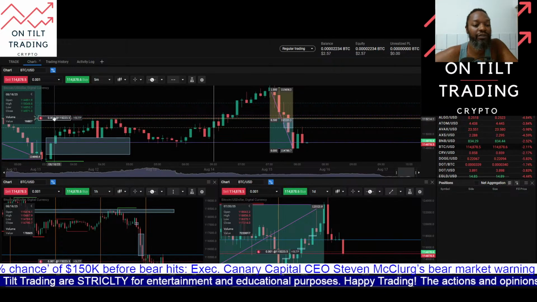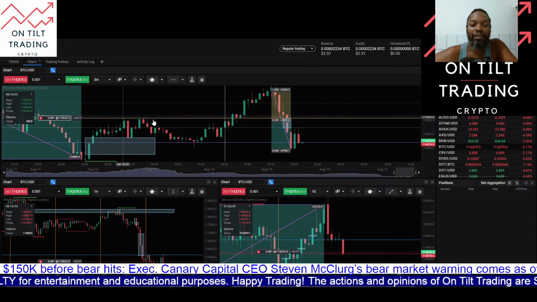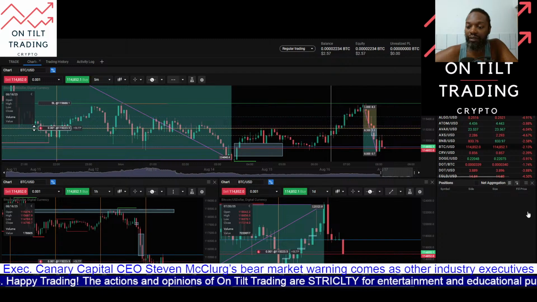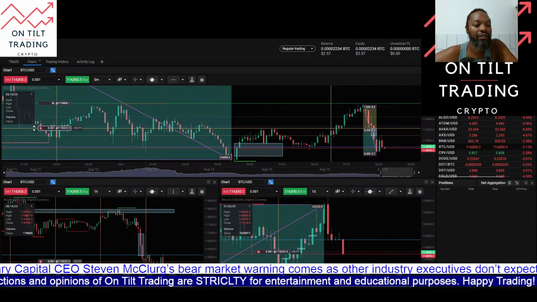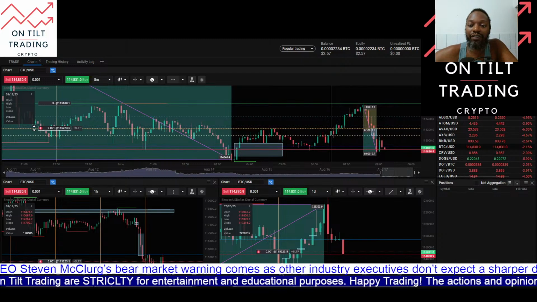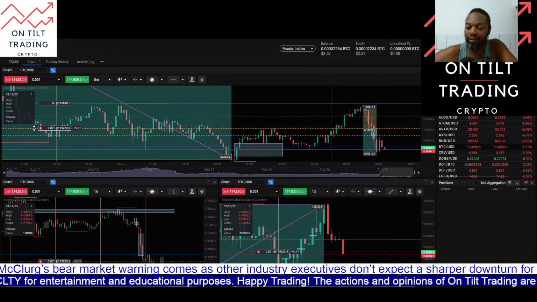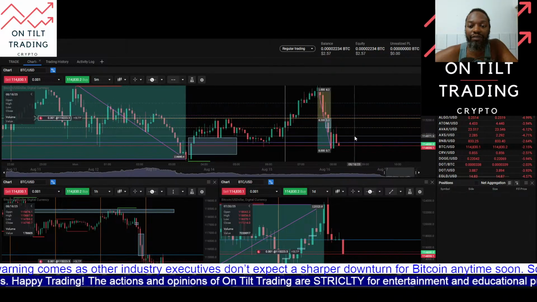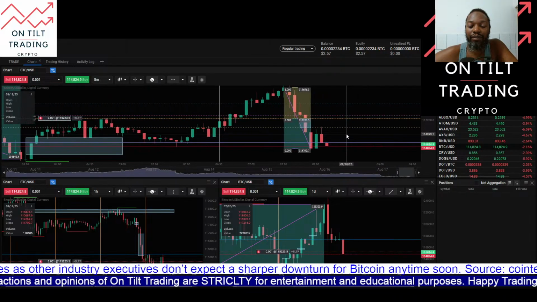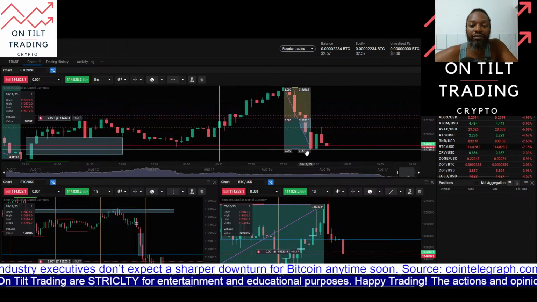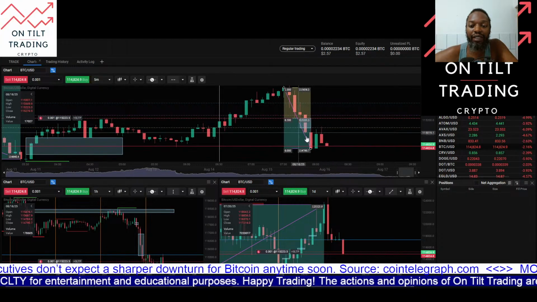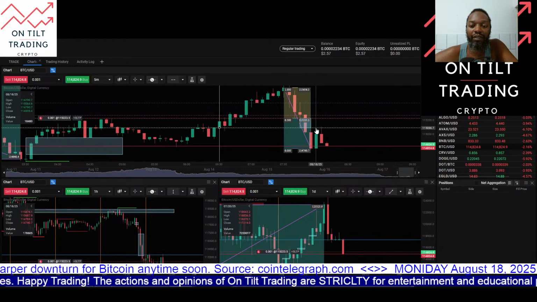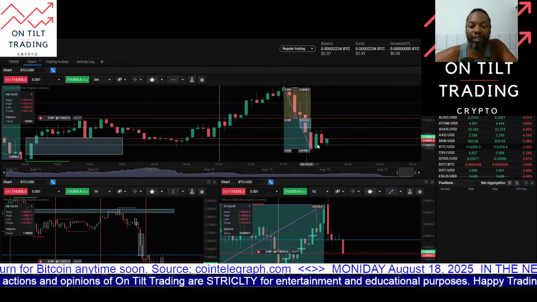My stop loss is this green line here, just above this candle's high, right above the current range that I'm trading off of here on the 15-minute. But you can see continued sell side delivery here after that, trading into the fair value gap, just the lower end of the fair value gap.